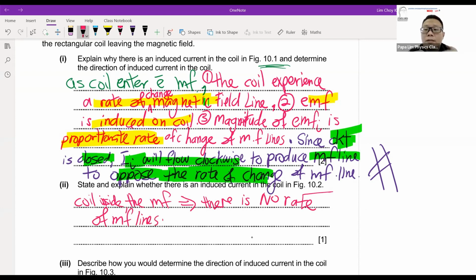No rate of change means the number of field lines inside the coil always remains the same. There's no change, it's always maximum, maximum, maximum. So what's the change? The change is 0.